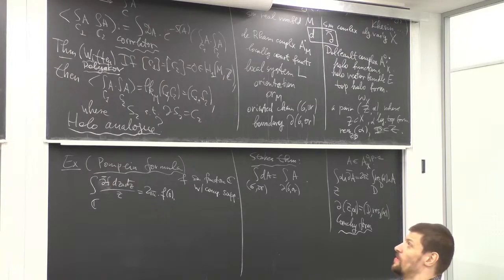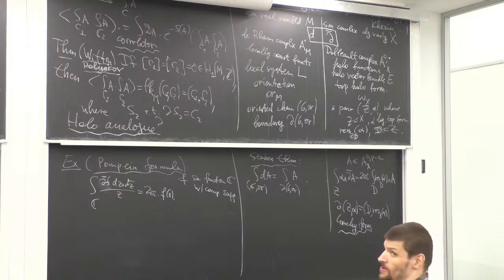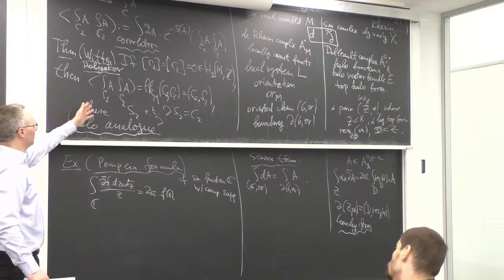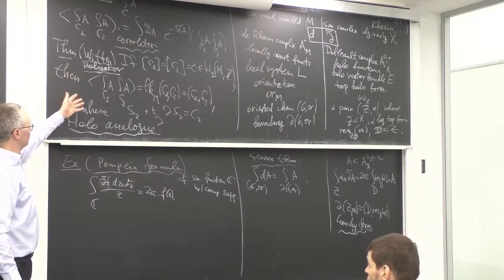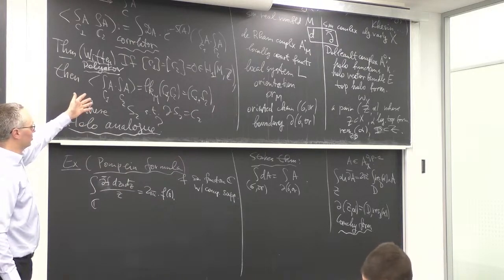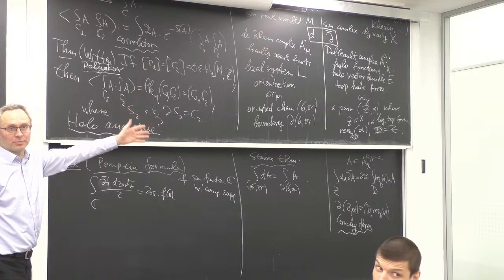Okay, so now, as I have asked, what is a holomorphic analog of Chern-Simons theory? Let's translate these issues to holomorphic terms by using this dictionary.